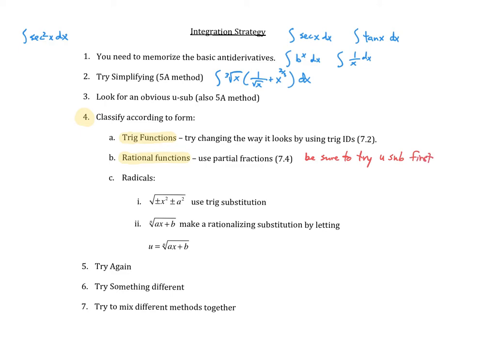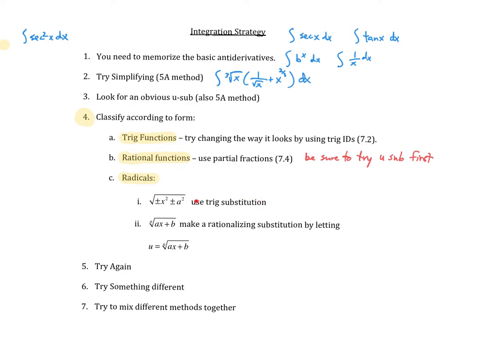Sometimes you go through this whole trouble of doing the partial fraction decomposition, and U substitution really would have worked all along. Whenever we have radicals, radicals really lend themselves to different integration techniques. So it's something like plus or minus x squared plus or minus a squared, and then you have a radical involved.